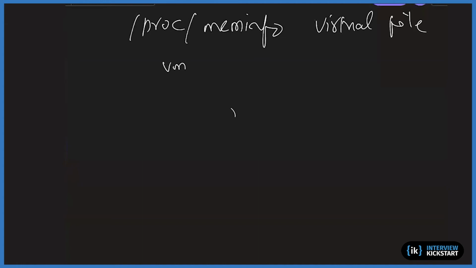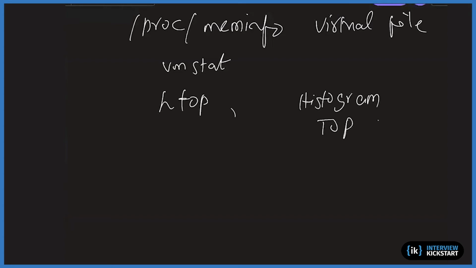Then there is another command, I think called vmstat. These all have to do with virtual memory, but they can be used. Then there is a tool called htop. Basically, this command will give, based on a histogram, the top resource consuming processes.